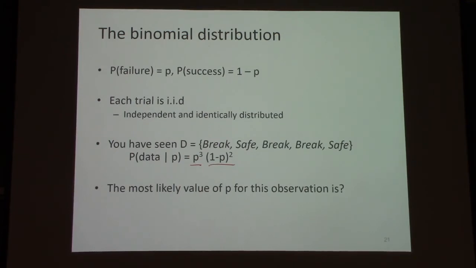Already, this may seem like a very trivial thing, but we have seen an instantiation of both the aspects that we need for maximum likelihood estimation. One of them is we need a hypothesis space. Here the hypothesis space is completely defined by one number, P, the probability of failure. The search for this probability is simply the search over the range 0 to 1, where P can be between 0 and 1.